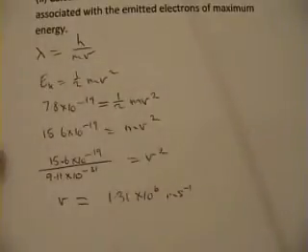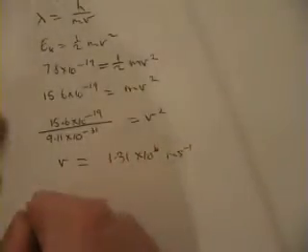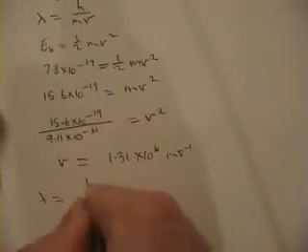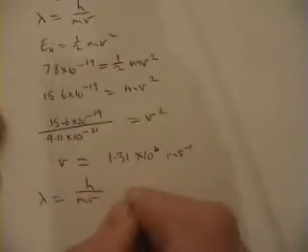So now go back to lambda equals h over mv.